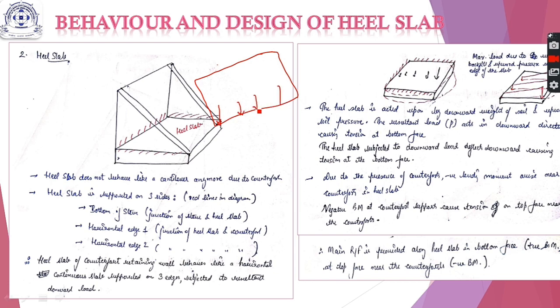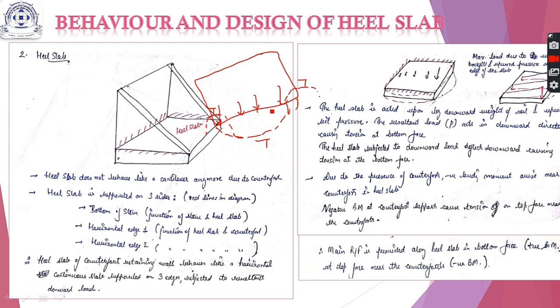net downward load. Then due to this downward load, how will the slab deflect? In this way. So tension will be on the bottom face, but due to the presence of counterforts here, there may be some negative moments here like this also. Therefore, tension will be on the top face also at the supports.